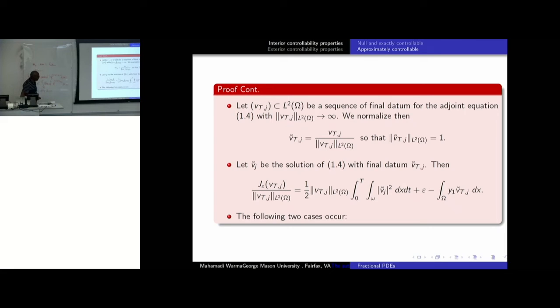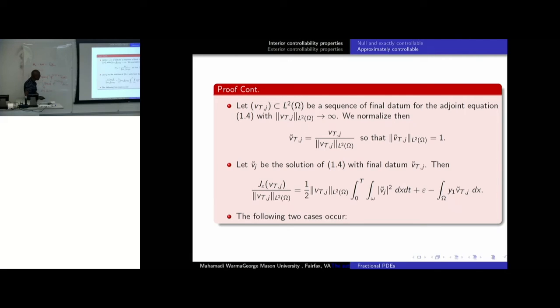Then if we have the functional divided by the L2 norm, we can compute that it is 1/2 times the L2 norm times this integral plus epsilon minus this integral, that is y1 times the solution of the dual problem. That is only a simple computation because we have the formula, we divide by the L2 norm, and we get exactly this equality.